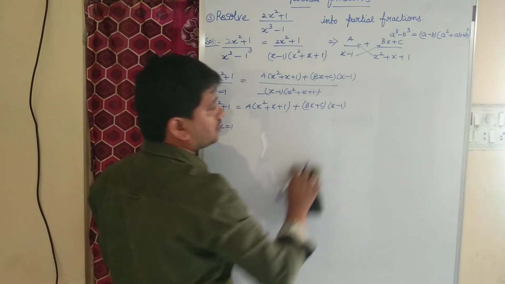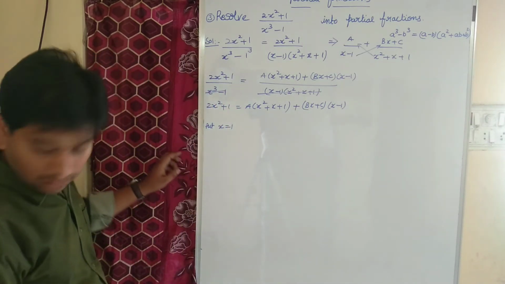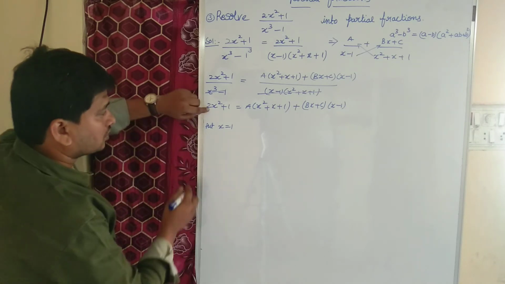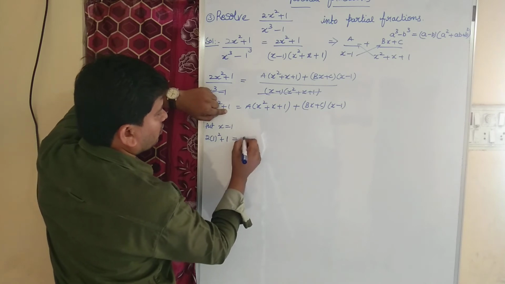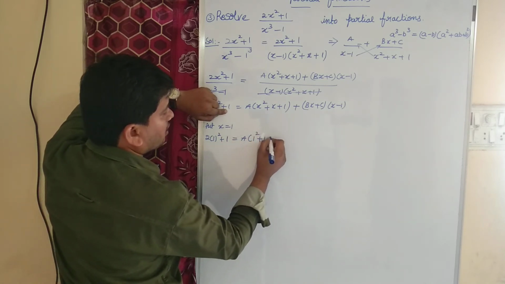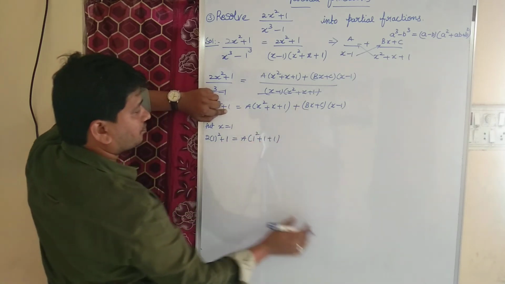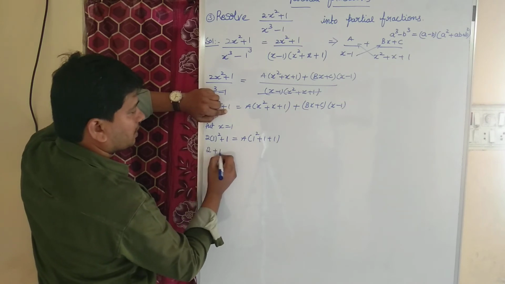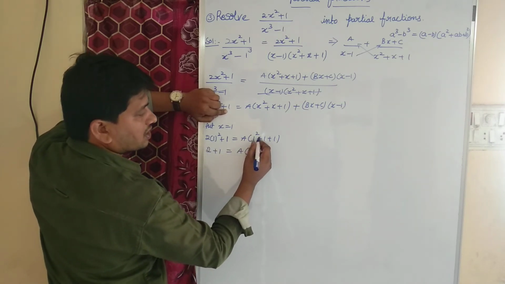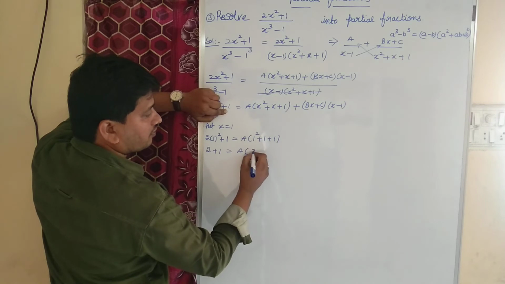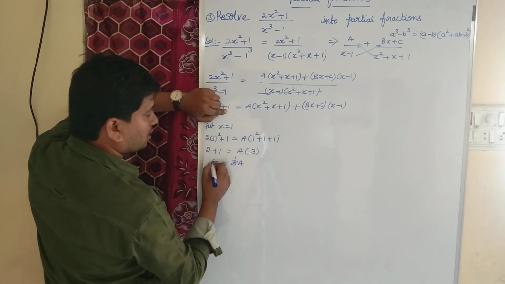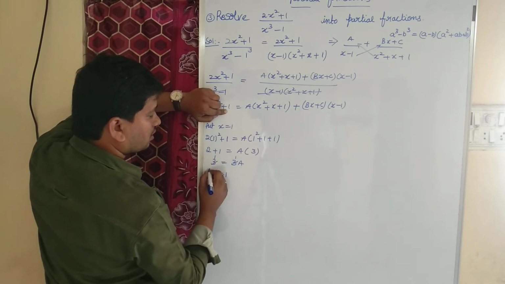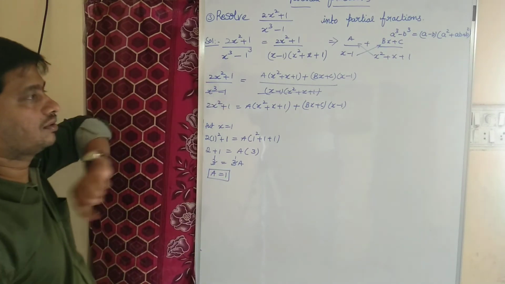This term will become 0. So 2 into 1 square plus 1 equal to a into 1 square plus 1 plus 1. 2 plus 1 equal to 3, so 3 equal to 3a. So what is the value of a, children? The value of a is 1.